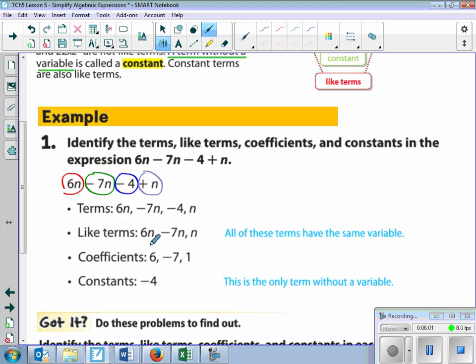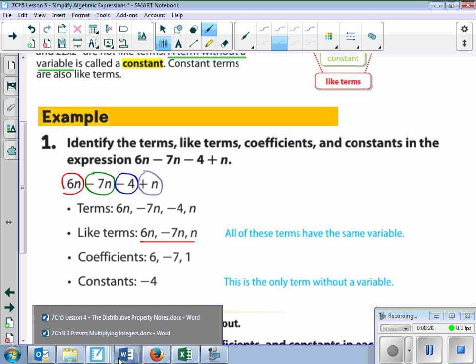Okay. So the like terms, remember, are the terms that have the same variables raised to the same exponent. Describe that: this is an n, this is an n, and this is an n. All three of those are your like terms.